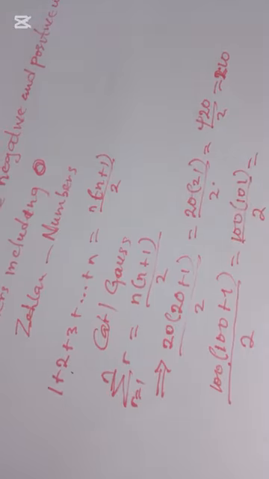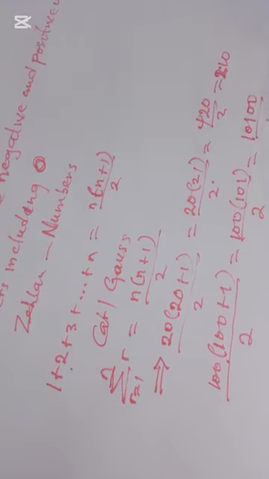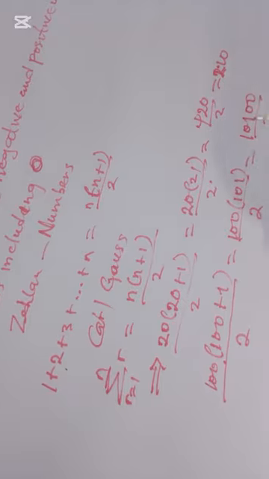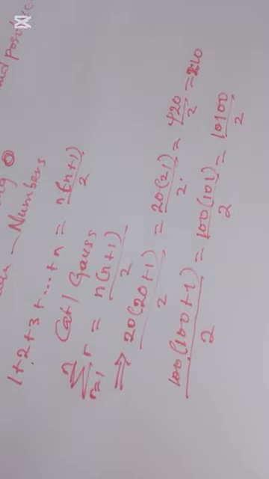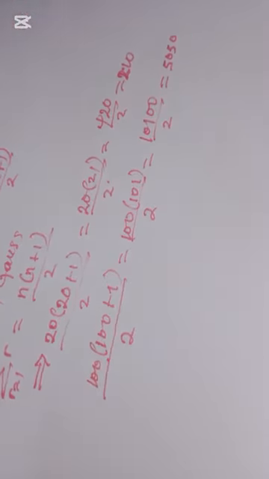So 100 multiplied by 101, I'm going to have 10100 all divided by 2, and this is going to give me 5050. You can see this is beautiful, wonderful. Now you know how to find the sum of the integers.